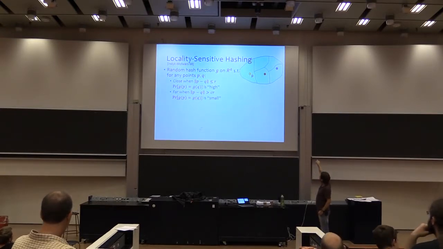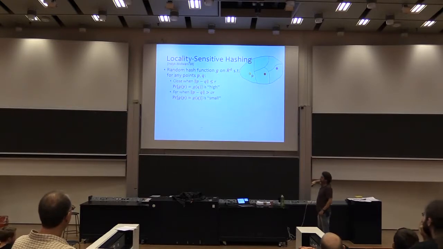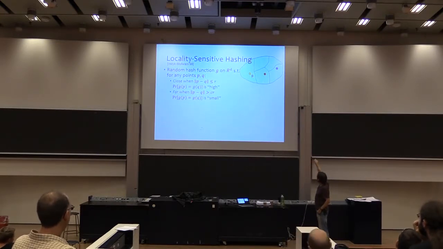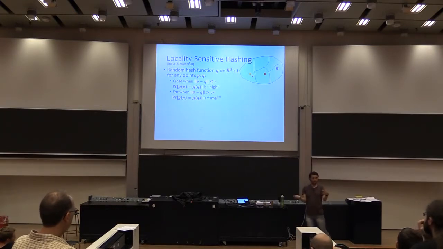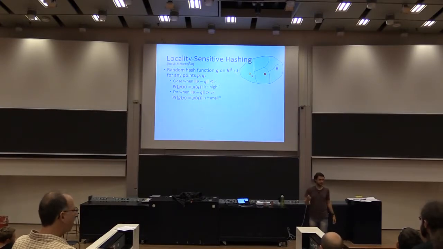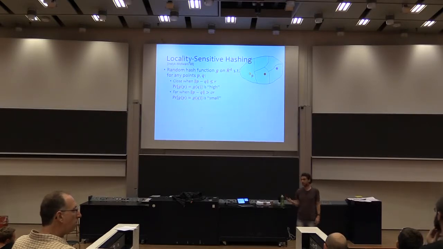So a hash function induces a space partition on this space. Where each part, for example this part, is the locus of points that have exactly the same hash value under this hash function G. Okay, so it is a randomized space partition, right? And sometimes it will be useful to think about this hash function as a space partition.